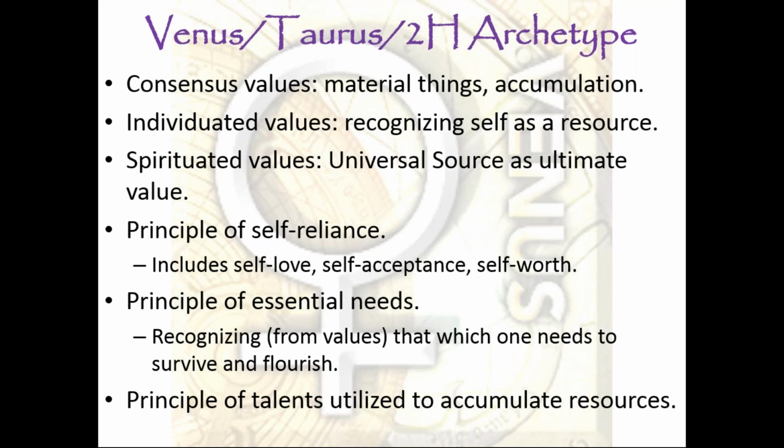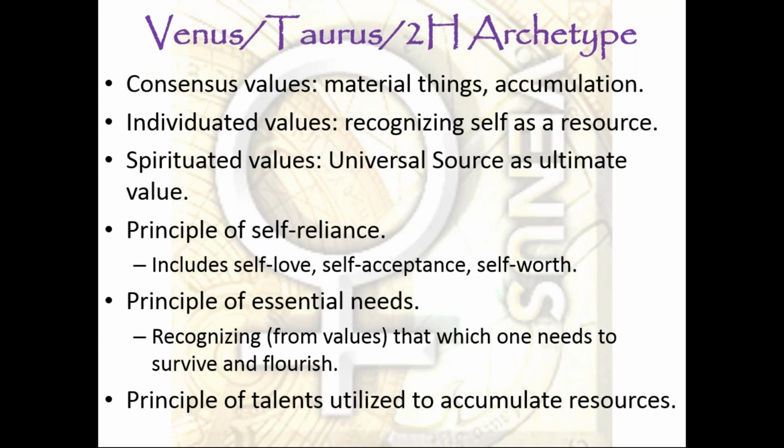Values will cover not only survival needs, but also the needs to flourish. Both exist here. Once we can survive, food, clothing, shelter, then our needs become, I'm not going to pronounce the word right, superfluous, whatever that word is.